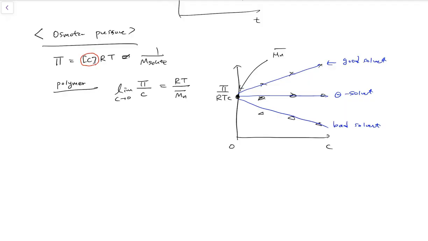Okay, so in this lecture we'll cover the contents about polymer solubility.